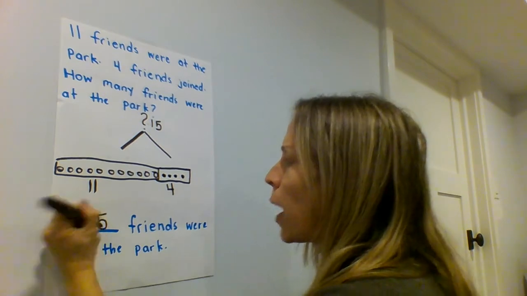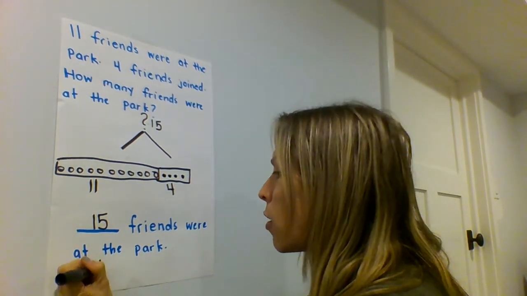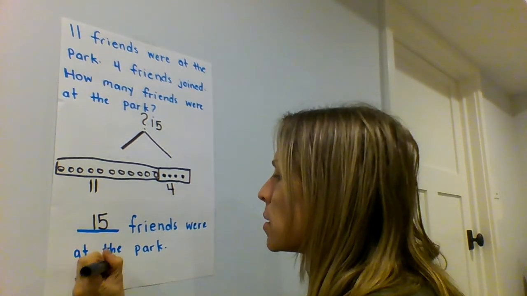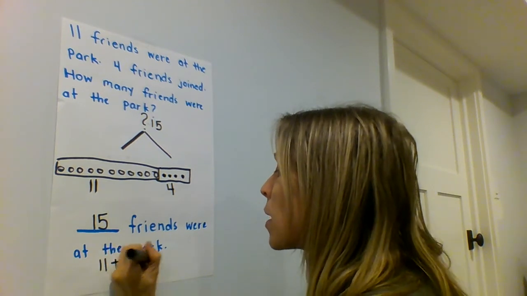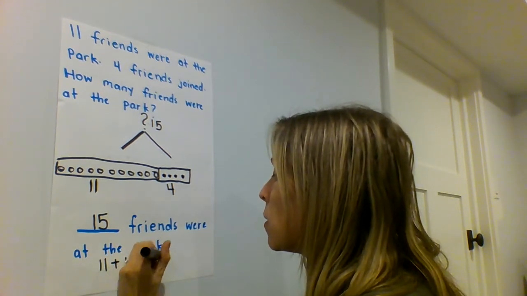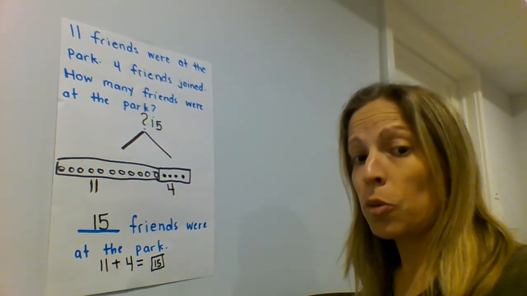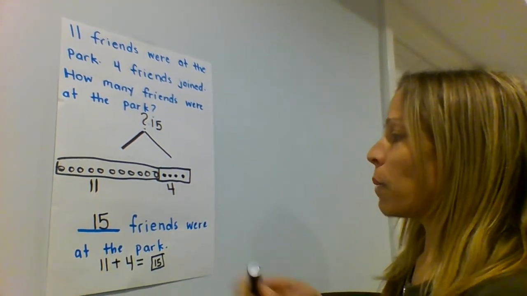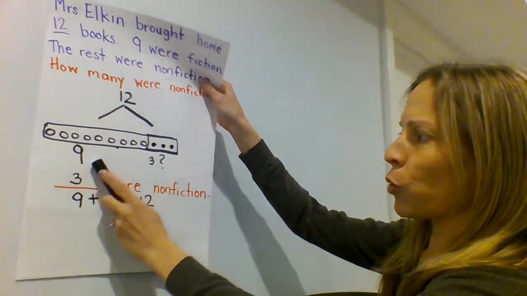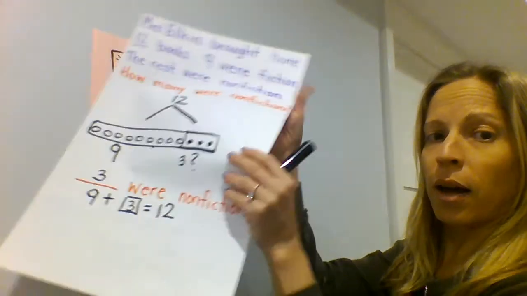15 friends were at the park. And down here, I'll write my number sentence. 11 plus 4 equals, and I'm going to put the box here, 15, because that's the part I solved for. So you might notice the first problem, we were missing a part. We wrote the total, we wrote the part we knew, and then we counted on.